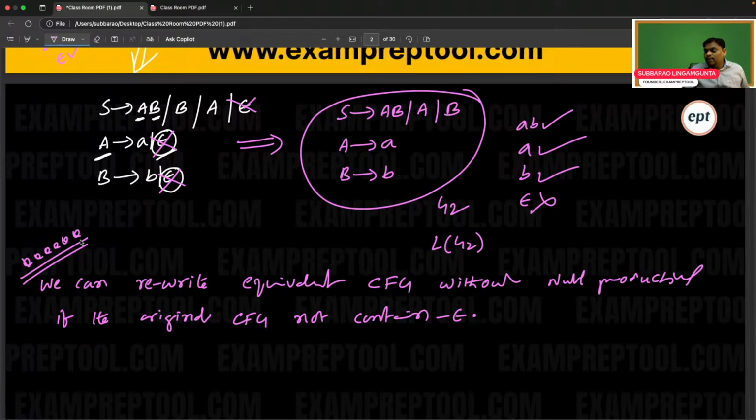After elimination of the null production, whatever grammar you get, there also there is no epsilon. If before no epsilon, afterwards also no epsilon. But remember, if before epsilon, after elimination epsilon will not come, then both are not equal.